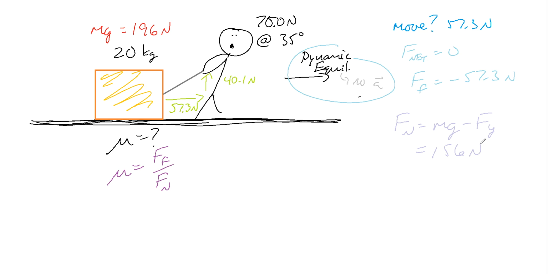So that's got to be my Fn. So this is 57.3, and this right here is going to be 156. Then all I have to do is divide those two out. And of course, coefficient of friction has no units because it's a ratio between forces. And I get a coefficient of about 0.37.